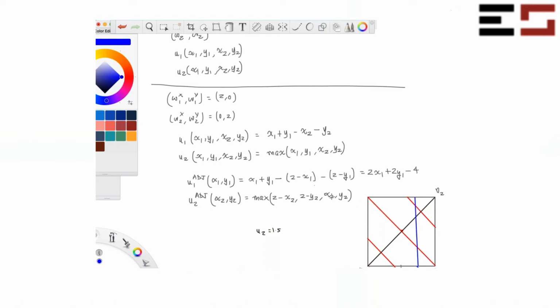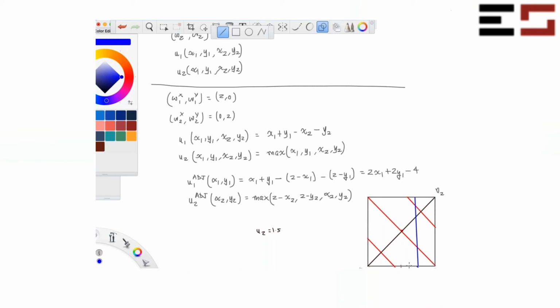Now the other possibility is that y1 is 1.5, so we can also draw y1 equal to 1.5, right? How do you draw y1 equal to 1.5? We can use the fact that these are 45-degree lines and this is a square. Then it's very simple, because if this is a 45-degree line and this is a square, then this length is 0.5.